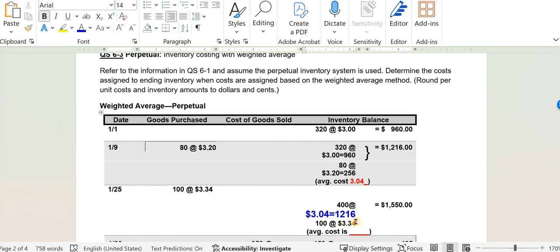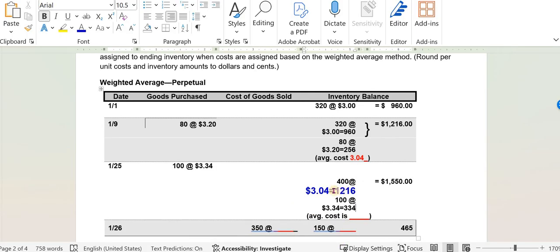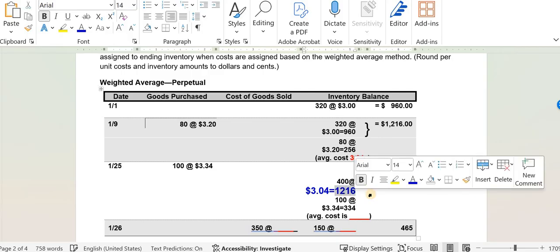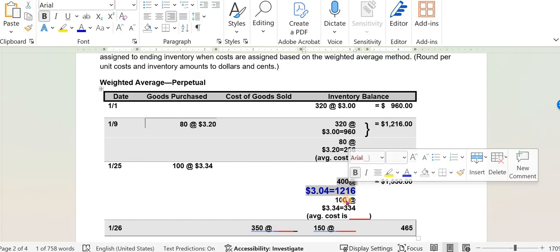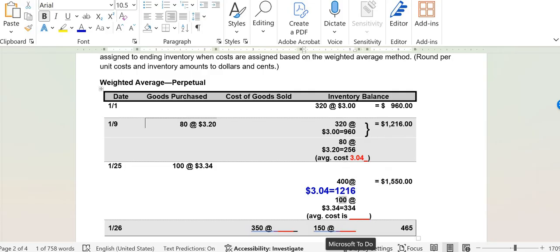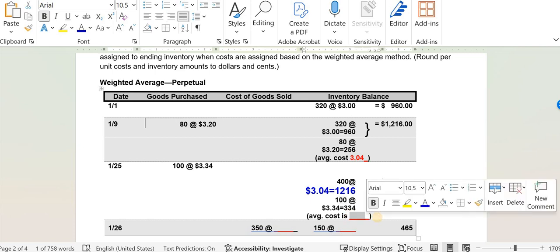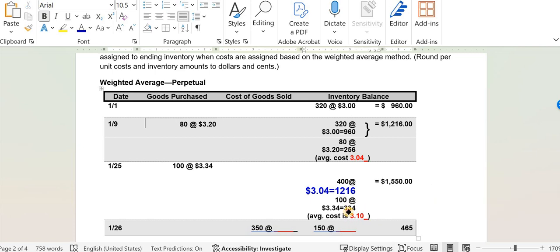And 100 at $3.34 is $334. How do I figure out my weighted average? I take 1,216 plus 334, and I divide it by 4 plus 1, or 500 units. That gives me an average cost of $3.10. $3.10 is my average.